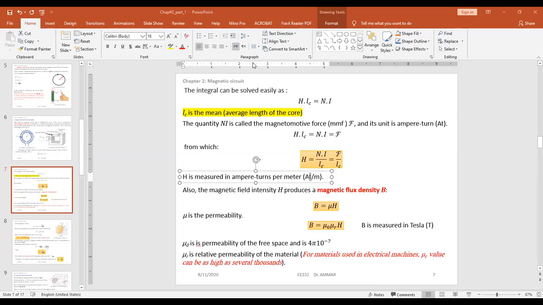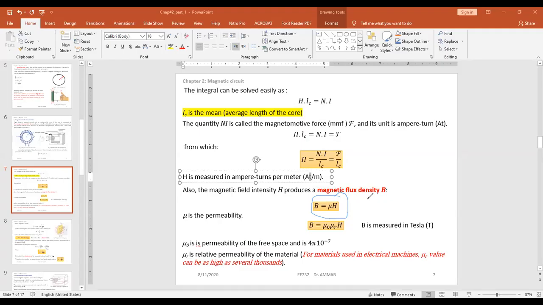There is a relationship between H and B. To make the difference we call H the magnetic field intensity, and B is the magnetic field density. And the relationship between H and B is this expression: B equals mu times H. And we call mu the permeability.